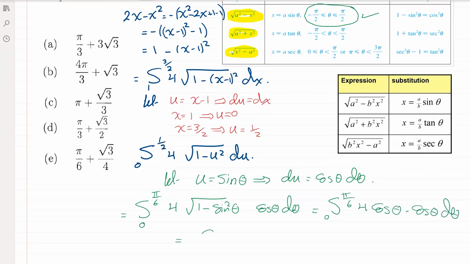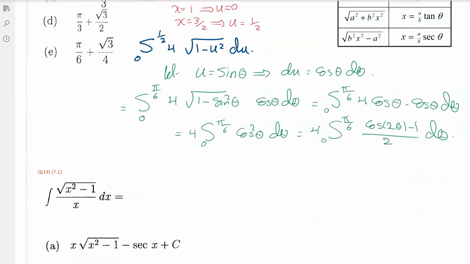And this is 4 outside, integral from 0 to pi over 6 of cosine squared theta d theta. Now try to use the identity for cosine squared theta. I think it is 4 integral from 0 to pi over 6. Cosine squared theta, shabab, it is cosine 2 theta plus 1 over 2. Right?